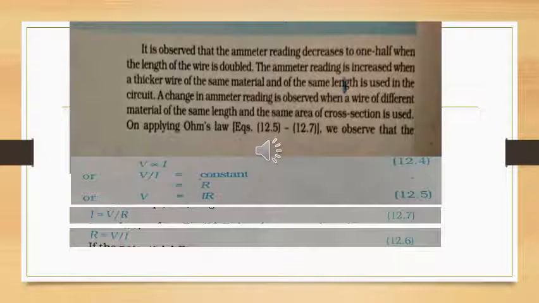So on applying Ohm's law, here are the 3 formulas which we have already studied in the previous session. V is equal to IR, I is equal to V by R, and R is equal to V upon I. We observe that the factors affect the flow of the current, and that factor is known as the resistance.